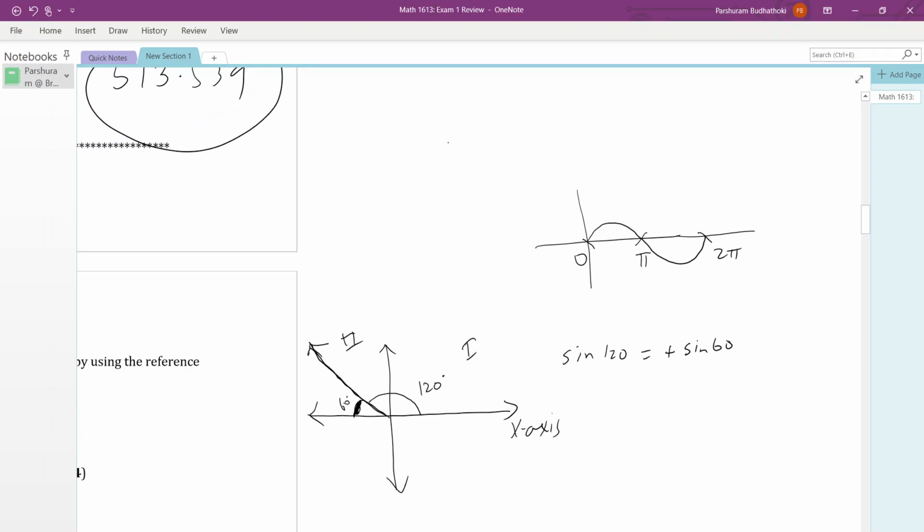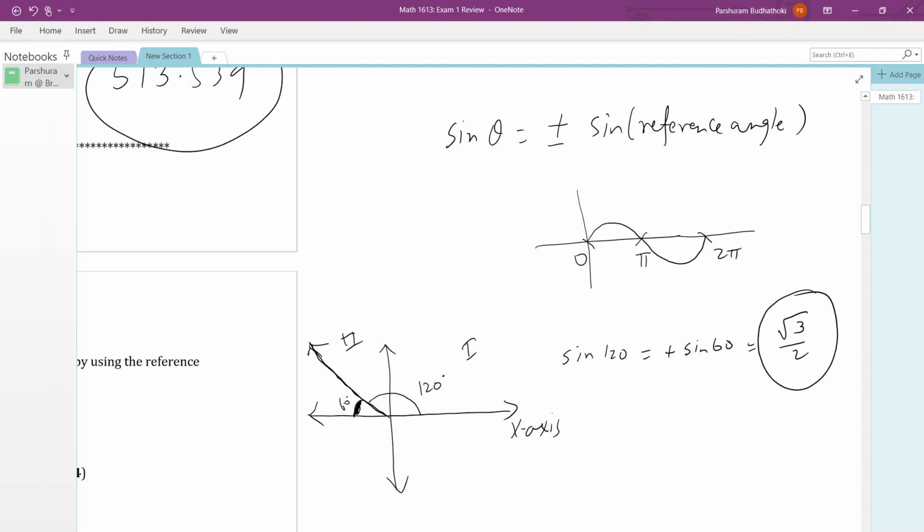That rule says sine theta is either plus or minus sine of the reference angle for that theta. Based on the position of that angle, in this case it's the second quadrant, and in the second quadrant sine is always positive. So that's why sine 120 is equal to positive sine 60, and we know sine 60 is the square root of 3 over 2. So at least you have to know the trig function values from 0 to 90.